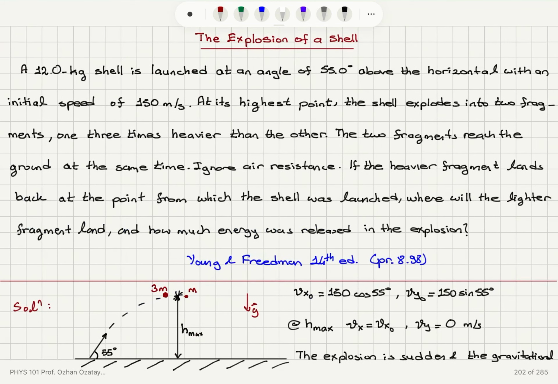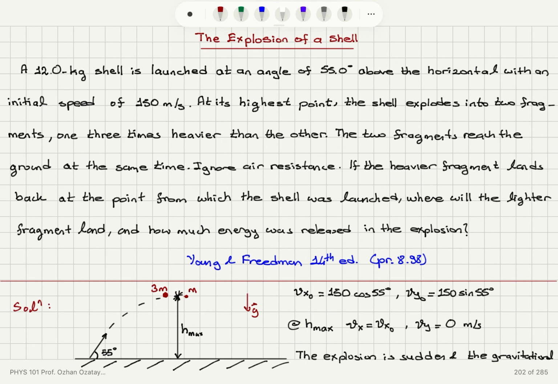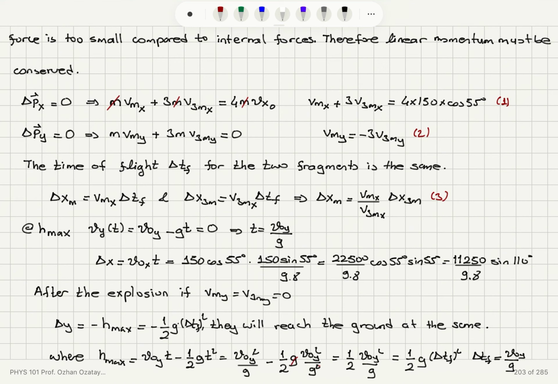And the distance to the maximum height is v0x times t, which is the same distance the heavier fragment, 3m, ends up traveling. So this delta x is the same as delta x3m.